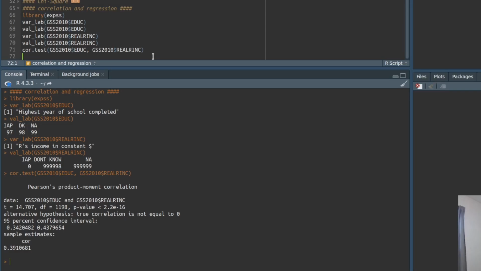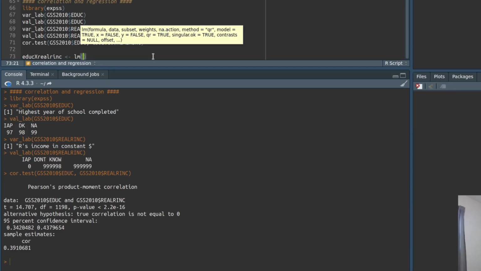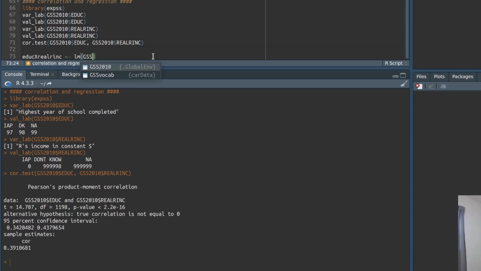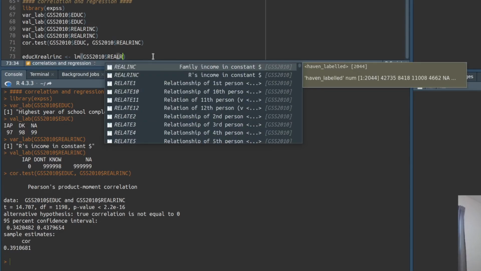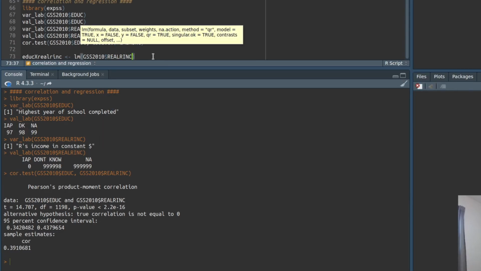So with regression, we're going to run a slightly different formula. You have some output, and you can call it whatever you want. I tend to go with the two variable names, so education by income. The code here, this is base R, is lm, linear model. Your dependent variable is going to go first. So we're going to assume that education is actually causing income, so we're going to put real income as our dependent variable.